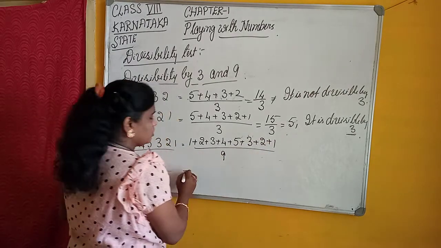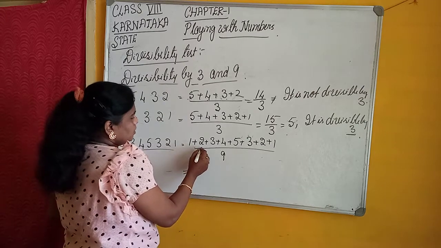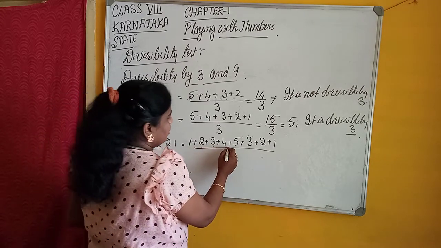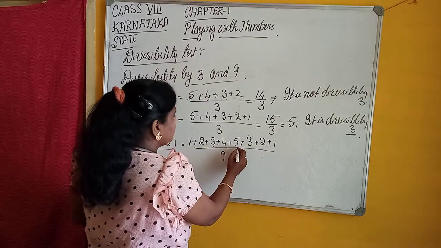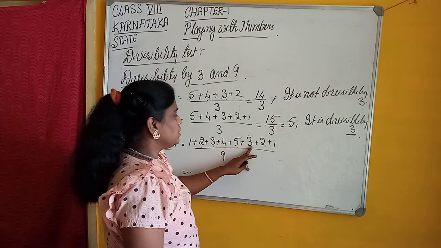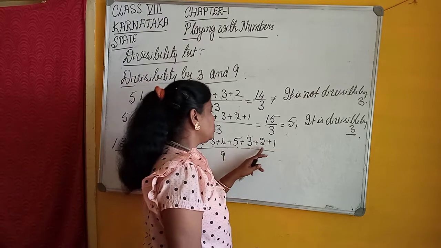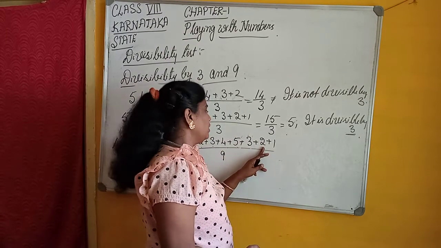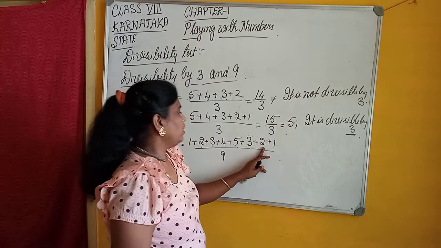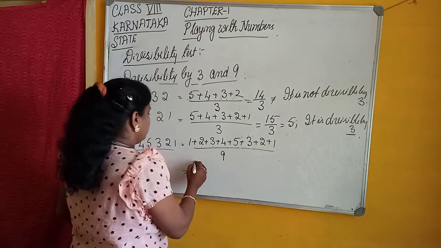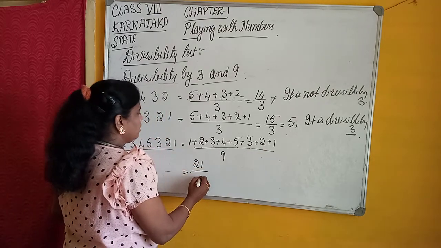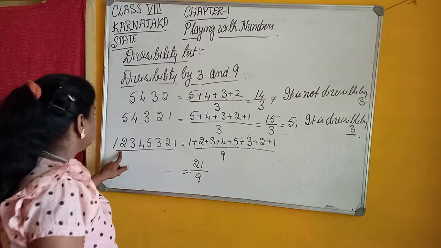Let us check for this. 1 plus 3, 3 plus 3, 6 plus 4, 10. 10 plus 5 is 15. 15 plus 3 is 18. 18 plus 2 is 20. 20 plus 1, 21. 21 by 9. Is it divisible?